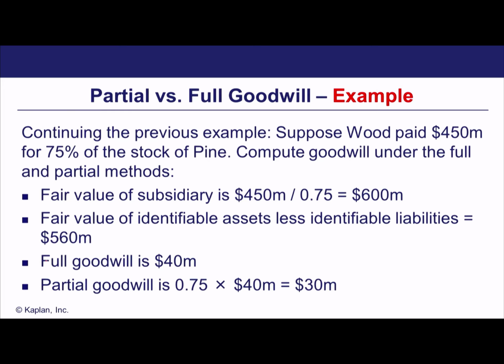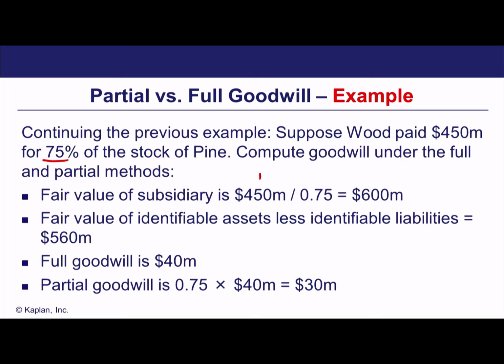So, continuing our previous example, suppose Wood paid 450 million for a 75% share of Pine. Compute goodwill under full and partial methods. First thing we need to do if we're thinking about the full goodwill method is work out the fair value of the subsidiary. And we do this simply by grossing up. Now, we've paid 450 million for 75% of the company.